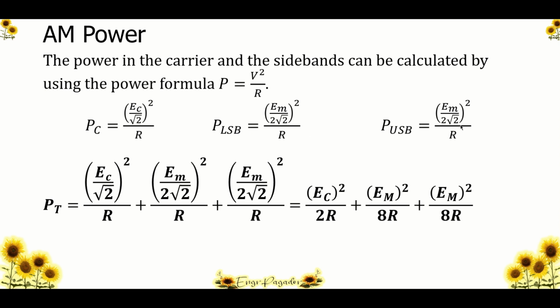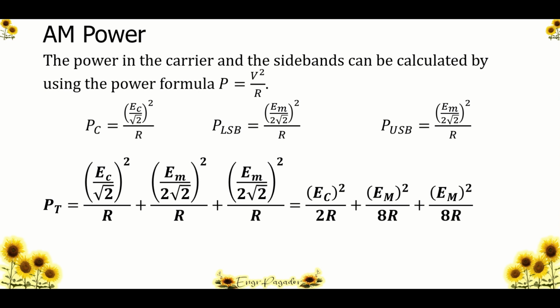Now if we manipulate these formulas, the carrier power will be equal to E sub C quantity squared over 2R. For the sidebands, that will be EM quantity squared all over 8R.